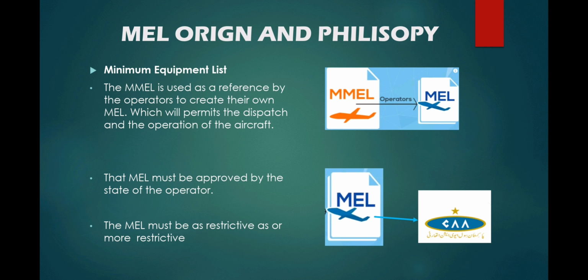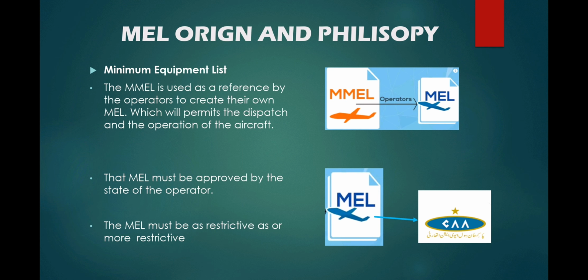If you can see in the picture, the master minimum equipment list turns into the minimum equipment list by the operator, but the operator has to make sure that it is more restrictive than the master minimum equipment list, because you cannot supersede the master minimum equipment list.